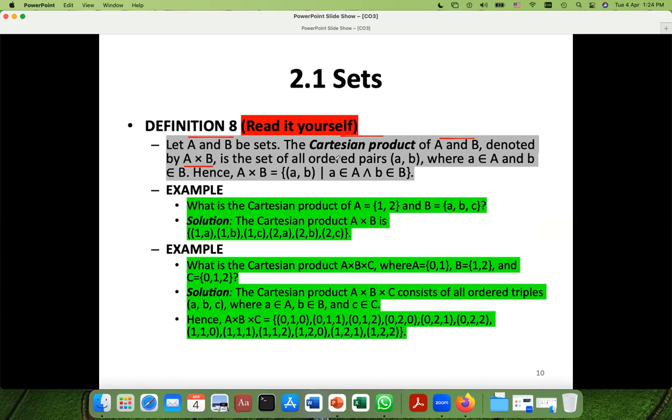It will contain ordered pairs like this A comma B, where A would be the element of set A and B would be the element of set B. So this is also in order.